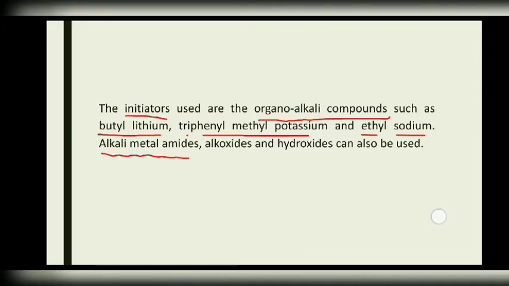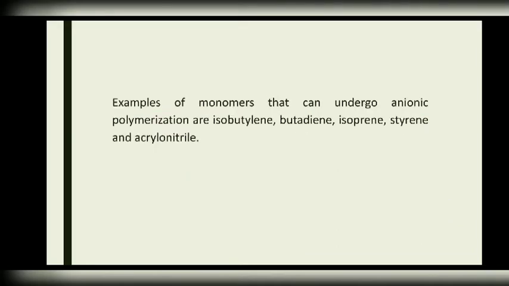The monomers that can undergo anionic polymerization are isobutylene, butadiene, isoprene, styrene and acrylonitrile.